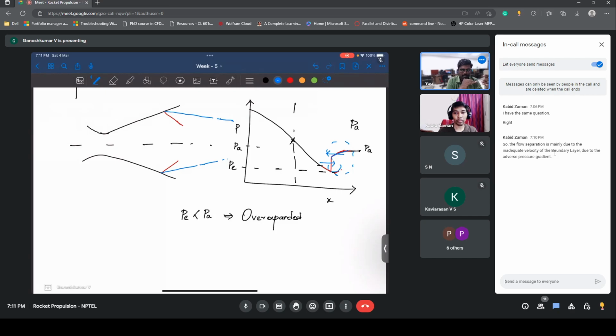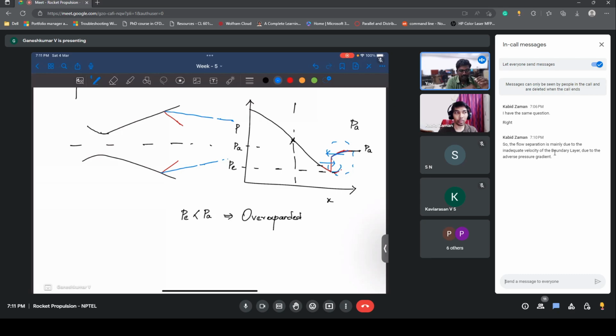So what happens is, in order to have a boundary layer, what is important is viscous effects, right? So in 1D analysis, we didn't take into account the viscous terms. Nevertheless, there is going to be a boundary layer in the nozzle also.